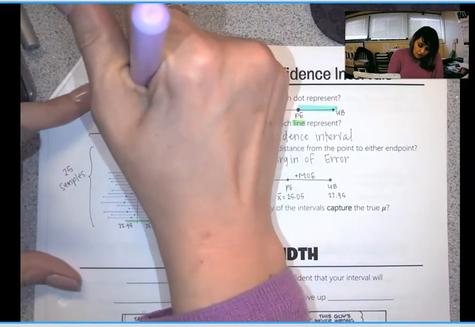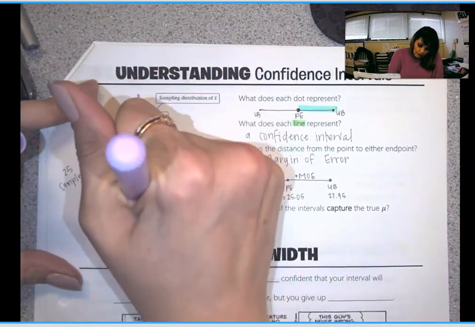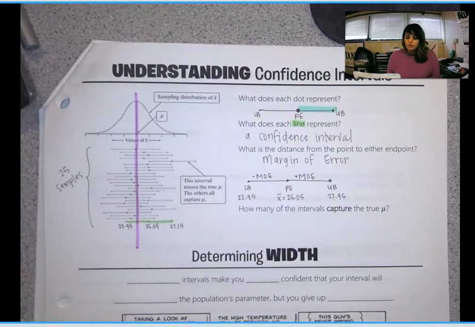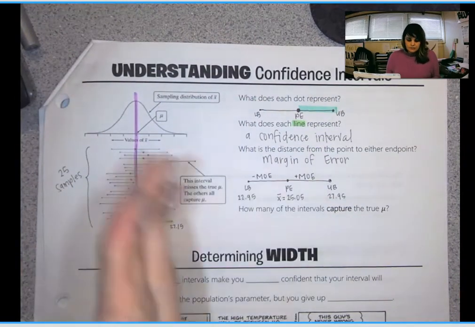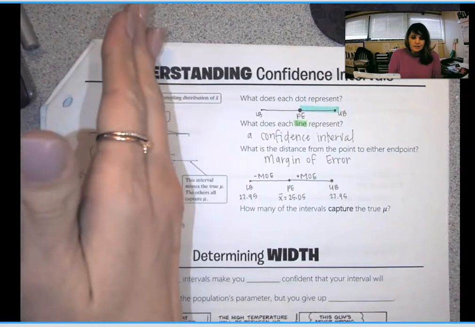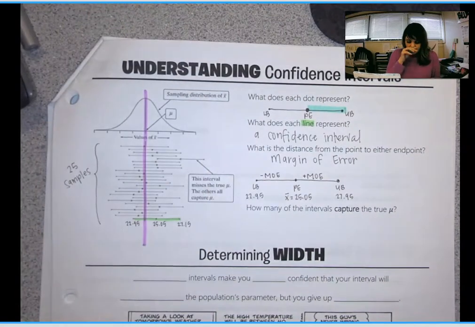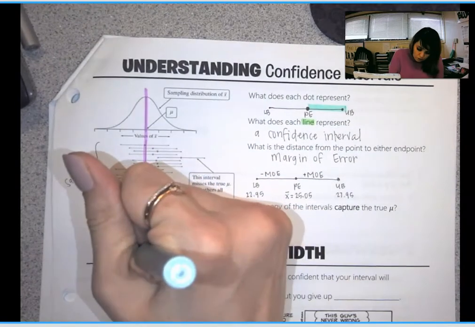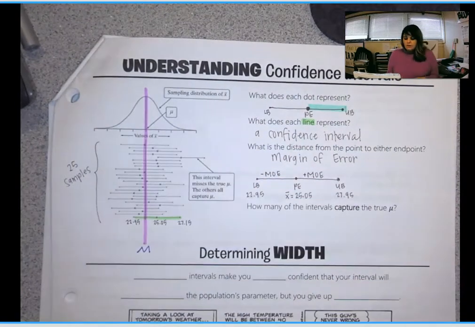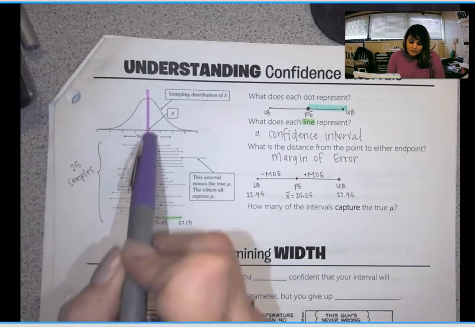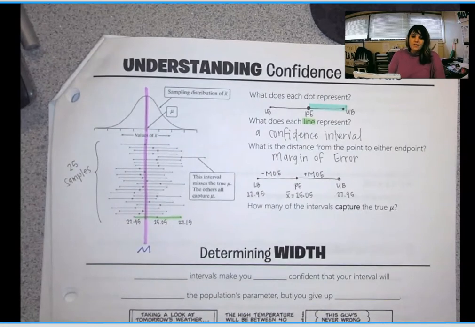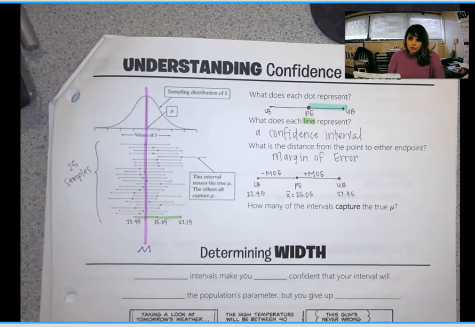They are trying to remind you what the true value of the mean is. It is the center of the sampling distribution. That purple line now is the true mu. How many of these 25 confidence intervals capture that true value?